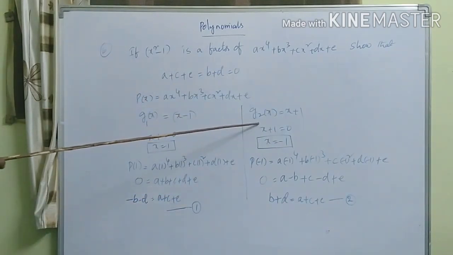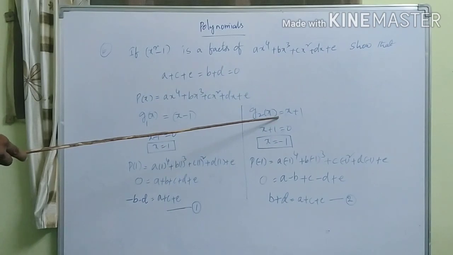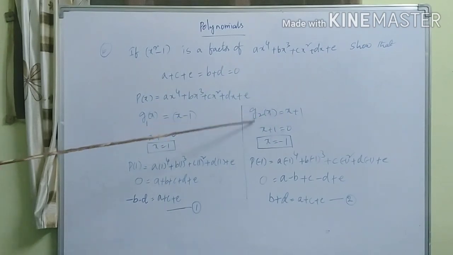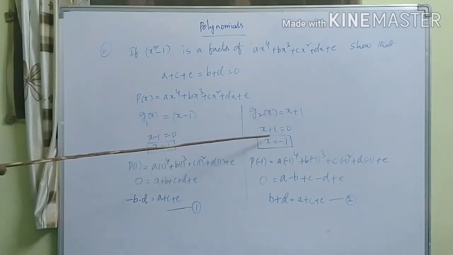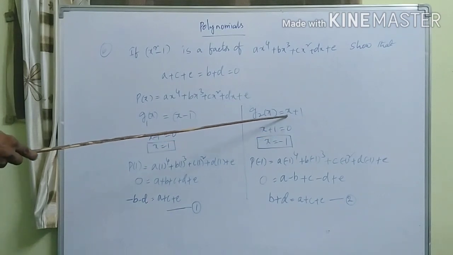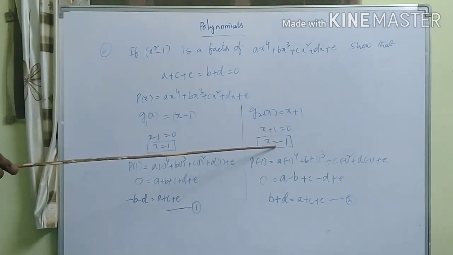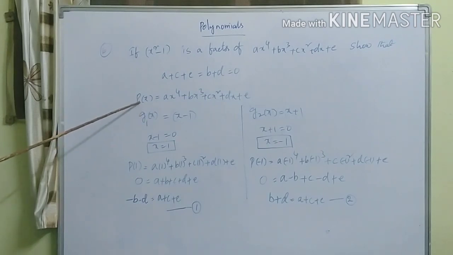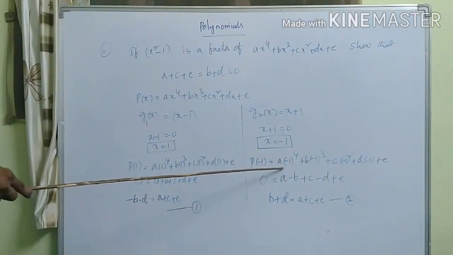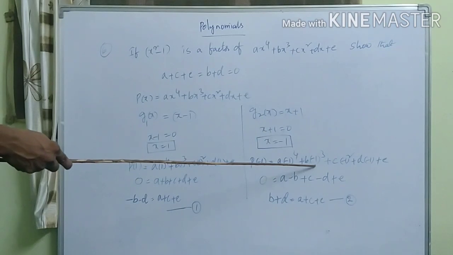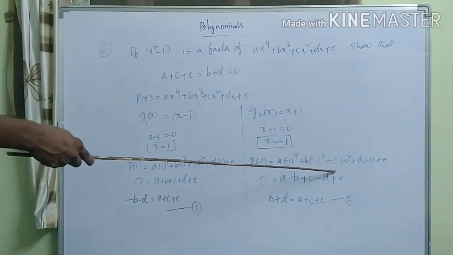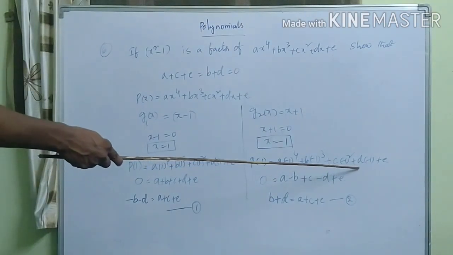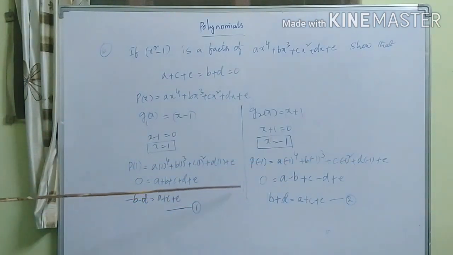So here g2 of x is equal to x plus 1. Factor means let g2 of x equating to 0. So x plus 1 is equal to 0, x is equal to minus 1. So here P of minus 1 is equal to, substitute this minus 1 instead of x, a into minus 1 power 4 plus b into minus 1 whole cube plus c into minus 1 whole square plus d into minus 1 plus e.